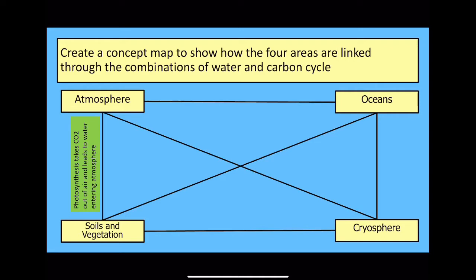Okay, so we've got an example here going between soils and vegetation and the atmosphere. Photosynthesis takes CO2 out of the air and leads to water entering the atmosphere.